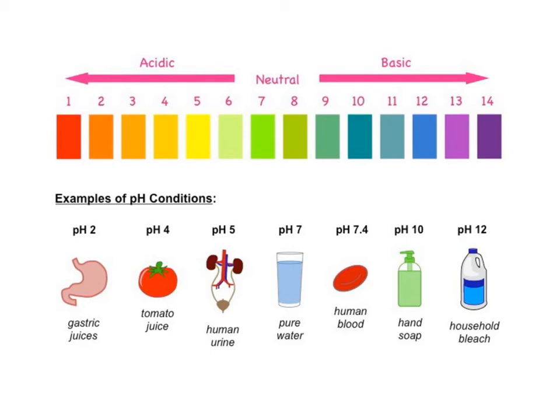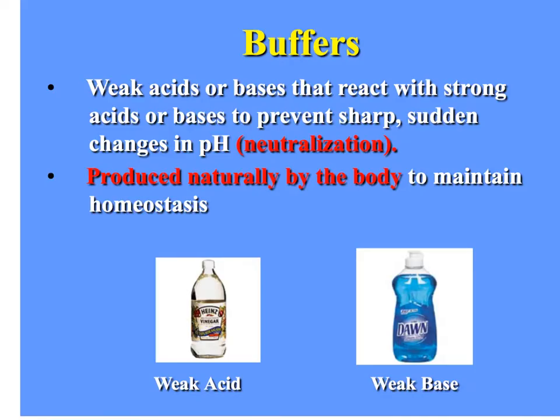Then some basic substances: your blood is slightly basic, hand soap, household bleach, and oven cleaner tops out at about a pH of 14. We're going to do a lab with this to test pH. So again, you need to know pH measures the hydrogen ion concentration. If there's more hydrogen ions, then it is acidic. If there are more hydroxide ions, then it is a base, or is basic.